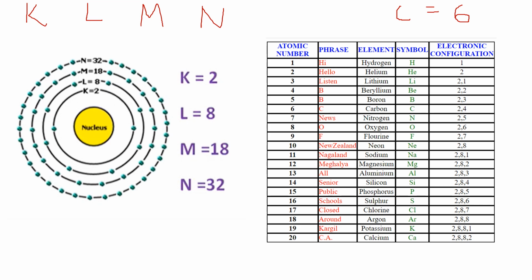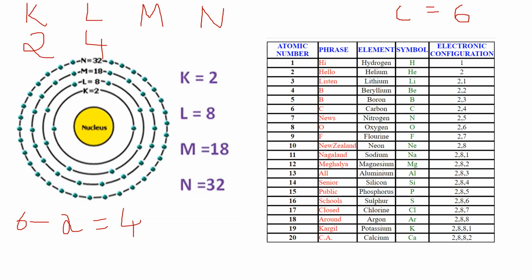Let us see. In the K shell, the maximum it can fit is 2 electrons, so I write 2 here. Now, what is 6 minus 2? It is 4. This 4 I will put into the L shell, whose limit is up to 8 electrons.